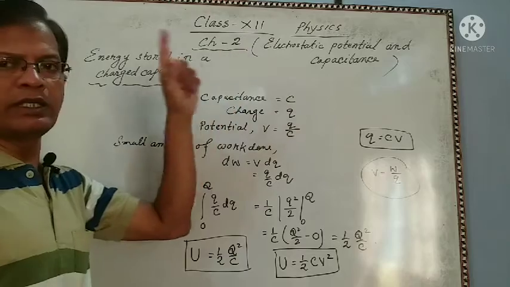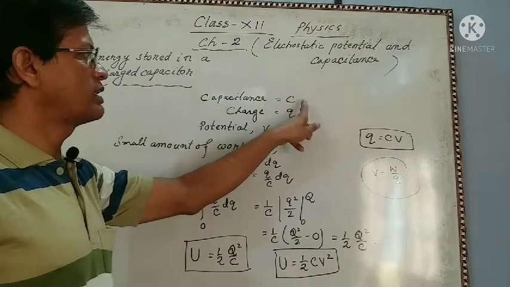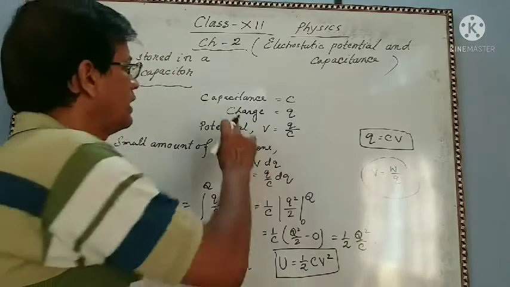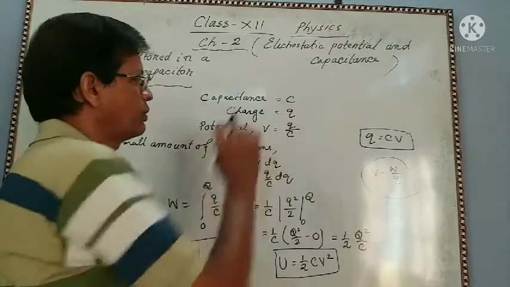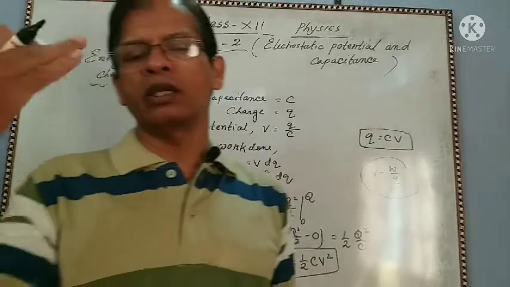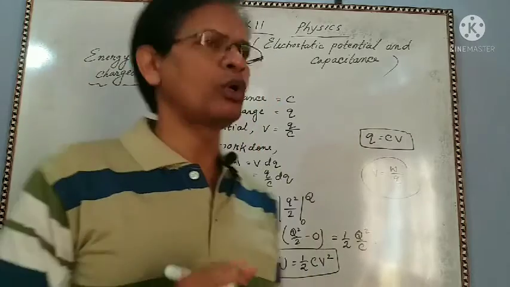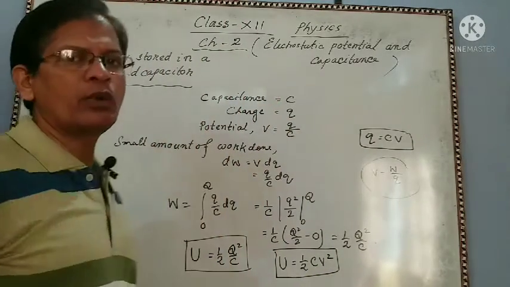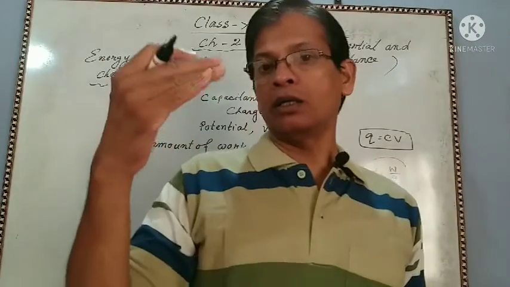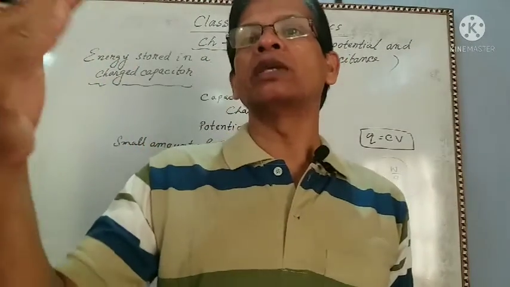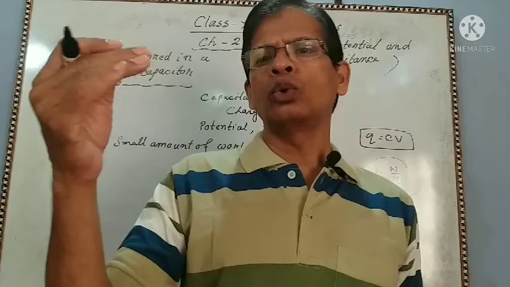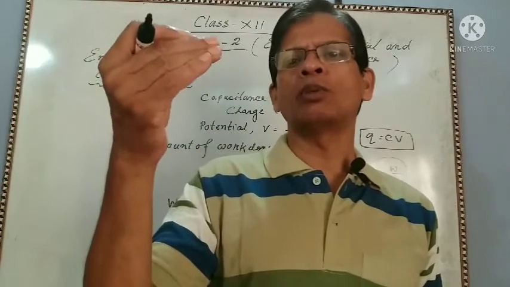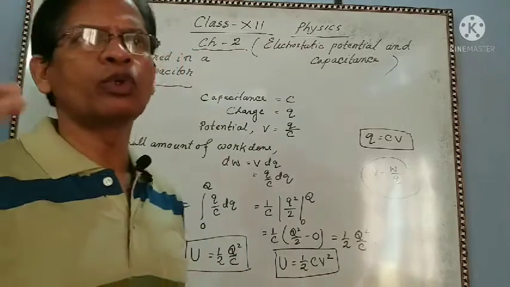First, initially a capacitor of capacitance C has no charge. It is gradually charging, and say after a certain time its charge is Q. So some potential will grow in the capacitor, V equal to Q by C. Now to further charge it by a small amount dq, we have to do a small amount of work.